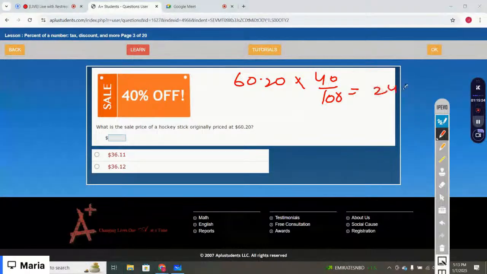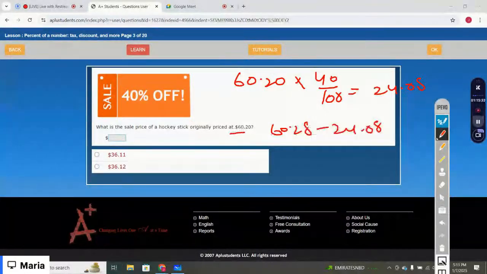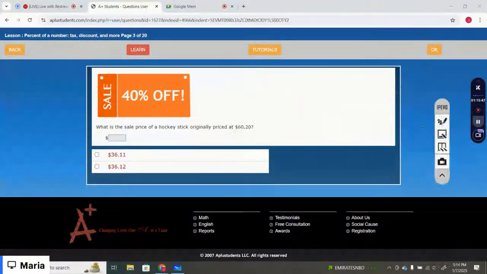That is 24.08. So the original price 60.20 minus 24.08, that is 36.12. Option number 2 is the correct option.